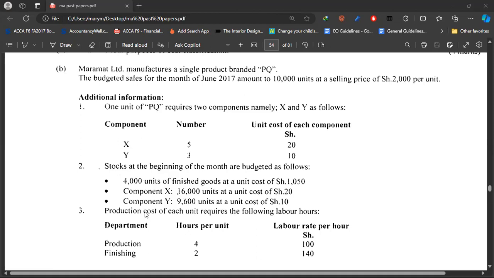Component, number, unit cost of each component. X number 5, unit cost 20 shilling. Y number 3, unit cost 10.